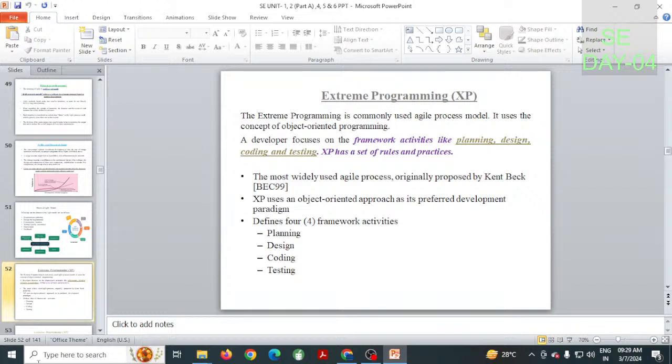Extreme programming, simply XP, has a set of rules and consists of a few practices. It is the most widely used agile process, originally proposed by Kent Beck.